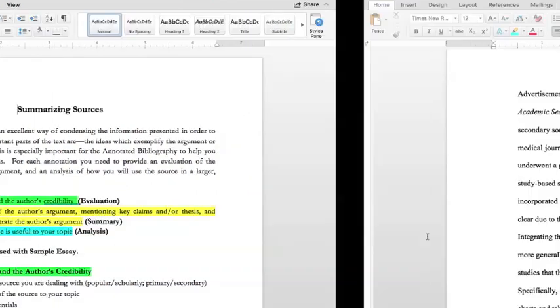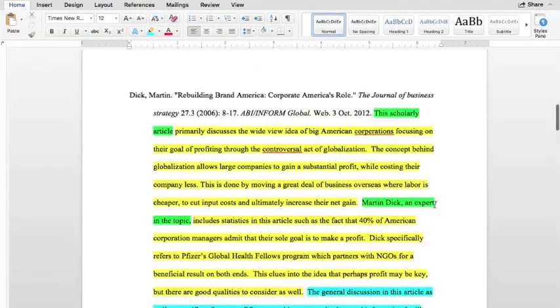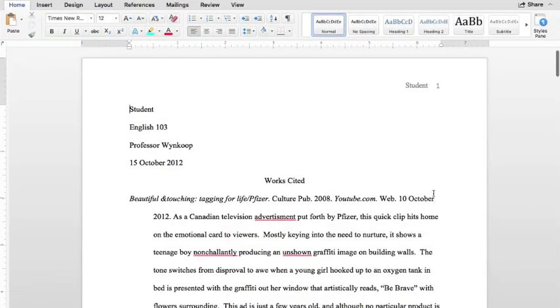And I'll go over this sample annotated bibliography with you. Before I get into the actual annotations, just so you're aware, we're writing this in MLA format, like a standard essay. Please do not look at other examples of annotated bibliographies. I'd like you to try to keep it with my example here, because people write these differently, so I have my own way that I want you to write this for our own purposes.